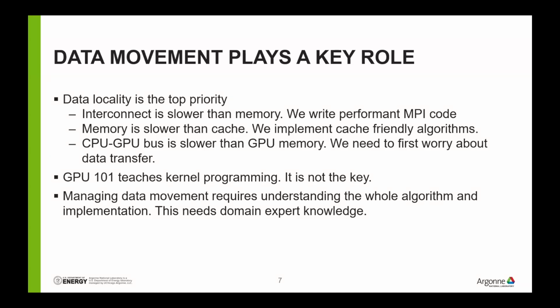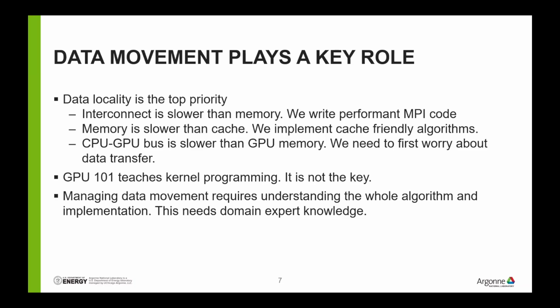A lot of OpenMP tutorials teach you how to program kernels, but you actually have to think harder about arranging your data movement, because if you mess that up, regardless of how fast you make your kernels, you're going to suffer. The code performance will be very bad.